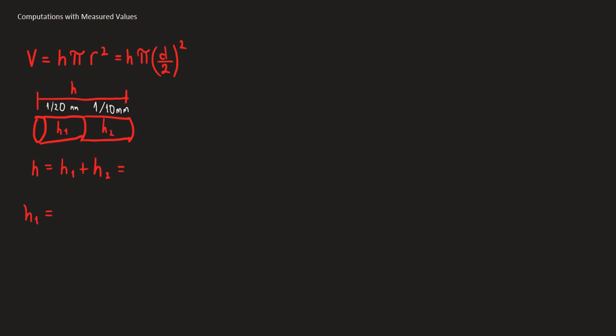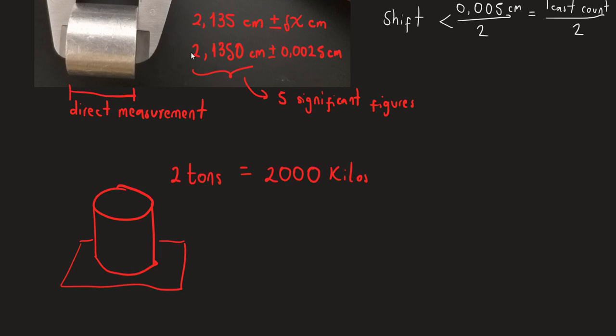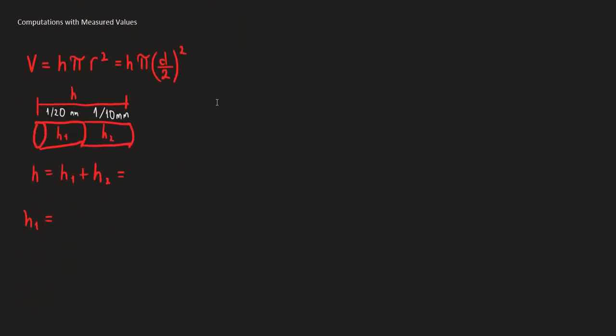H1 is equal to, let's take the example of the previous slide, 2.1350 centimeters plus something here, which is the uncertainty. And here we will have H2, which I will assume, let's assume a different number.